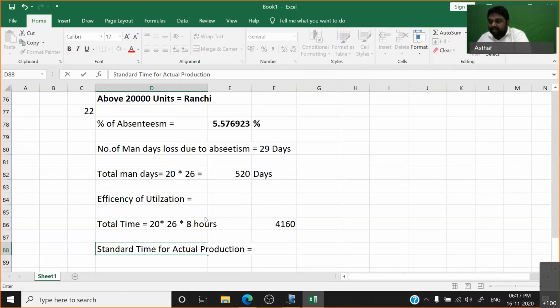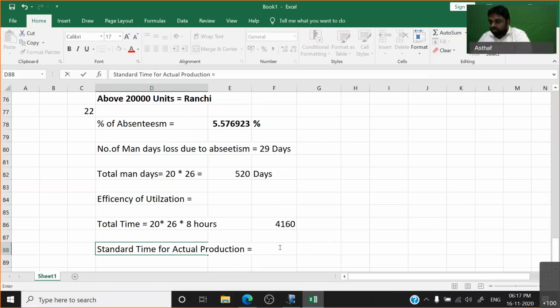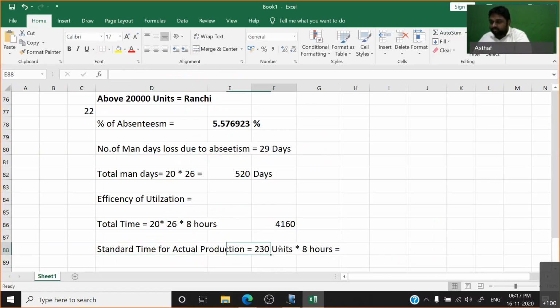What is the standard time? Units produced is 230. Standard time is 8 hours. So 230 units into 8 hours.